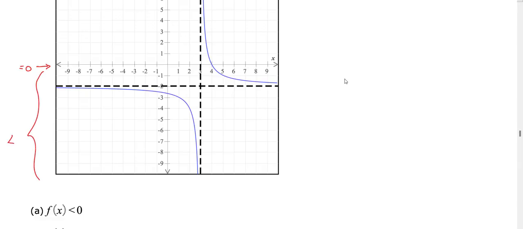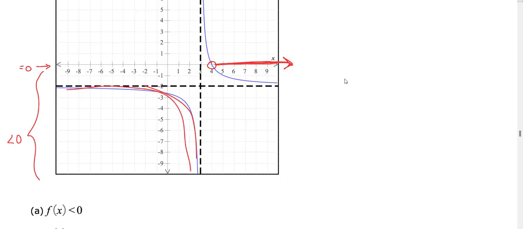Okay, can't be equal to 0, so I'm going to put open circles where it equals 0. Where is it below the x-axis? All of these x values, it's below the x-axis. And then all of these are below the x-axis as well. So what x values would that be?